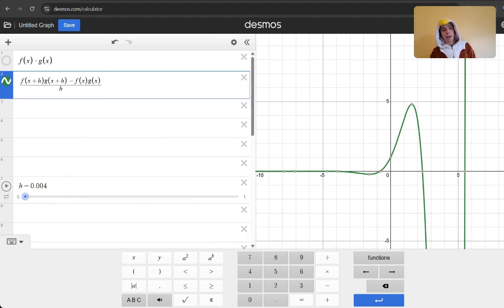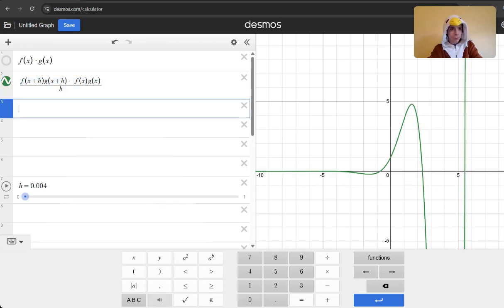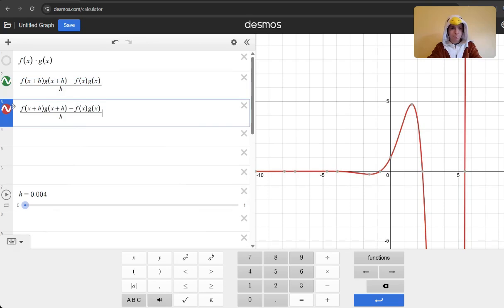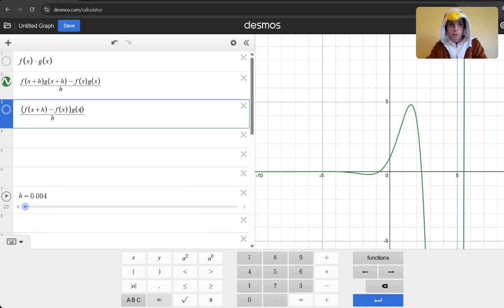Now, it might not seem obvious what to do from that point, because we have f of x plus h and g of x plus h. But I'll copy this function right here, and I'll show you something. If you have this, it's similar to f of x plus h minus f of x, g of x plus h.